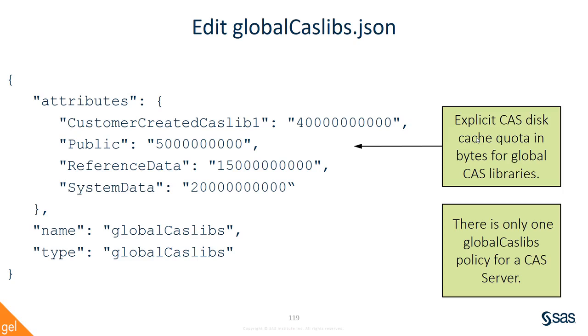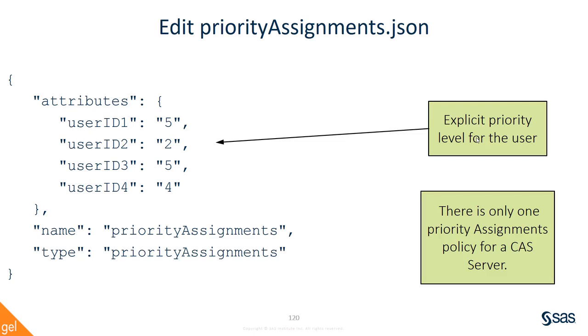Now you can say all here, underscore all underscore. So that would say I want all of my global CAS libs to be limited by this number. Okay? So there are some shortcuts if you don't want to list them all out individually. But there's only one of these per CAS server.